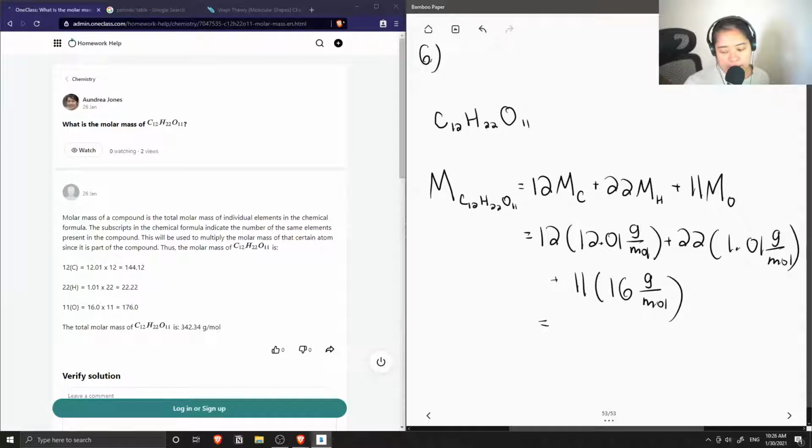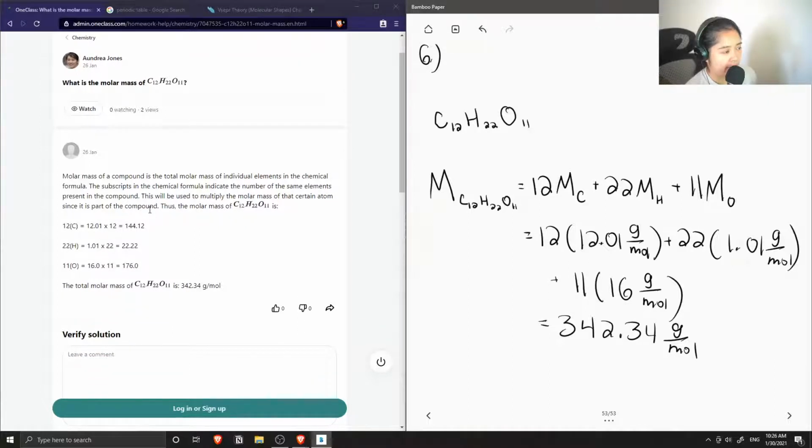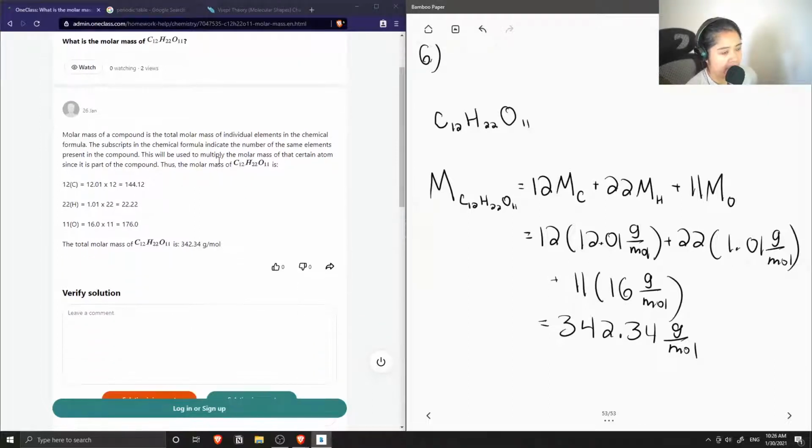So now if we add these values up, we get 342.34 grams per mole for this compound. And the junior tutor said that the molar mass of a compound is the total molar mass of individual elements in the chemical formula.